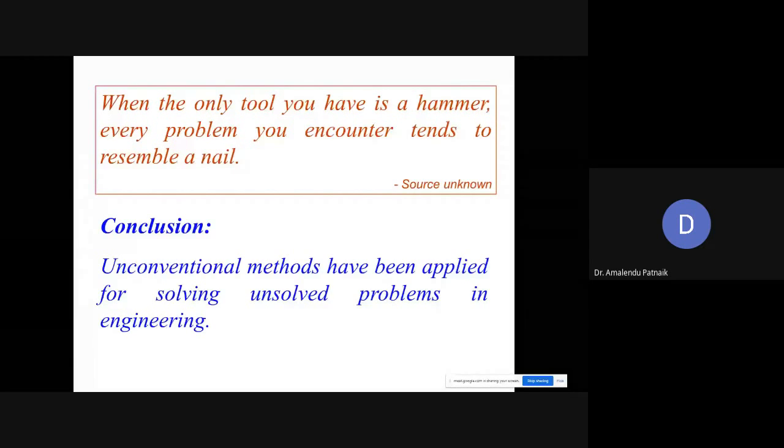Not only ANN, but also other techniques: fuzzy logic, genetic algorithm, particle swarm optimization, ant colony optimization, BFO, many meta-heuristic techniques have been used for solving a number of complex antenna problems.